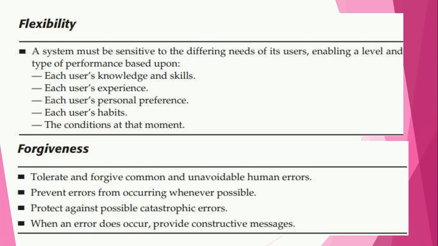Higher flexibility is there, but there should be a certain knowledge for the user to interact with the system: the knowledge, the skills and the experience. Suppose the user has used that particular equipment, then only he can use the system. So that is flexibility.